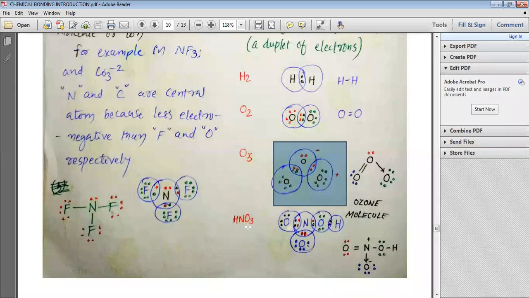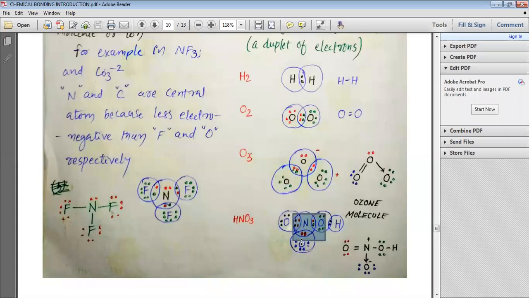In the same way you can think of HNO3, where nitrogen, the least electronegative element, attains the central position. Out of 5 electrons of nitrogen, 1 is shared with this oxygen, and 2 are shared with this oxygen with a double bond. So there is a single bond between this nitrogen and oxygen, and a double bond between this nitrogen and oxygen.